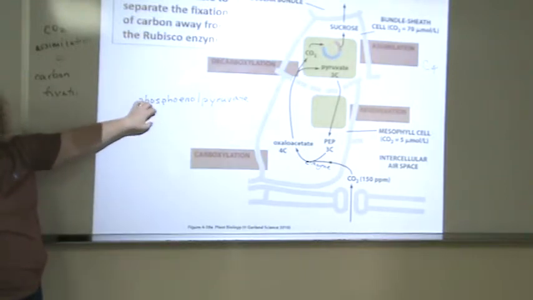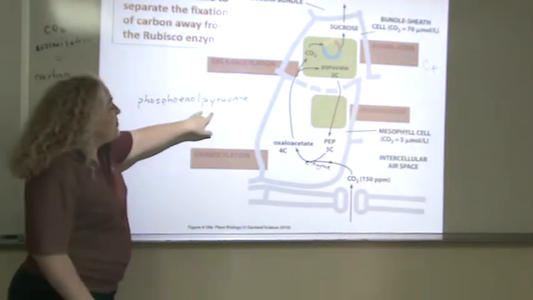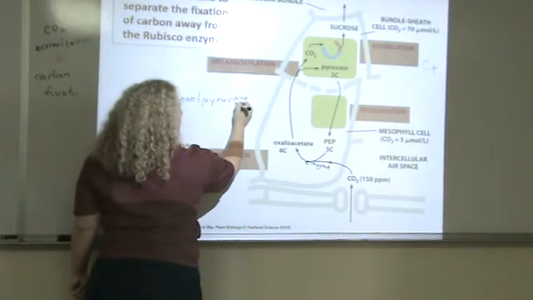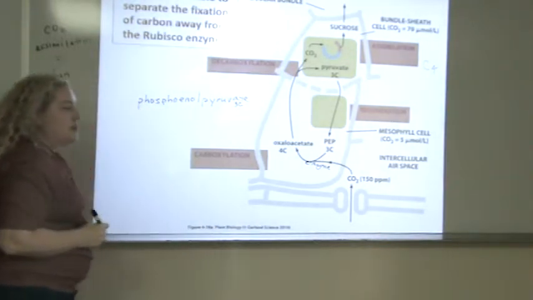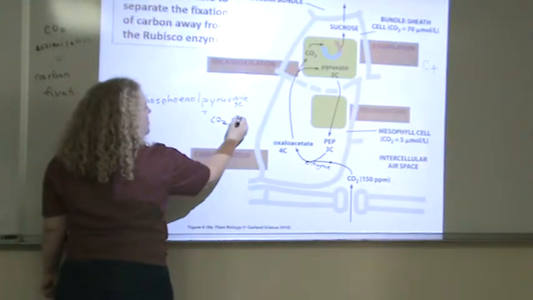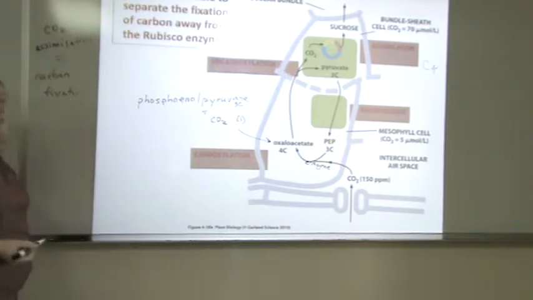It's phosphoenol pyruvate. I feel like one of them watched the other's video and then repeated the same mistake. Still phosphoenol pyruvate, which is a 3-carbon molecule. And that's combining with CO2, which is a 1-carbon molecule, to give oxaloacetate.